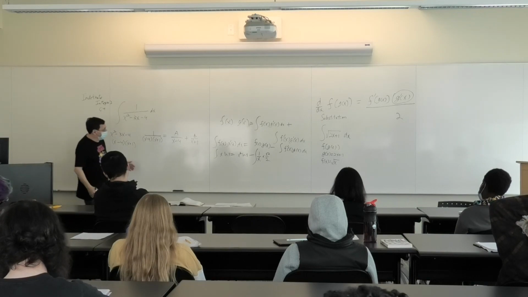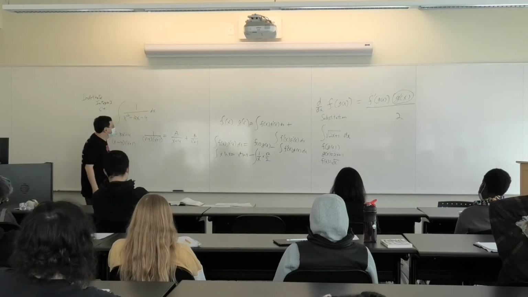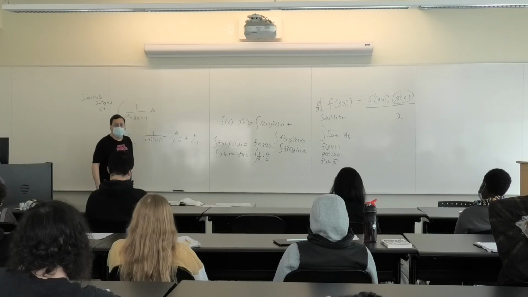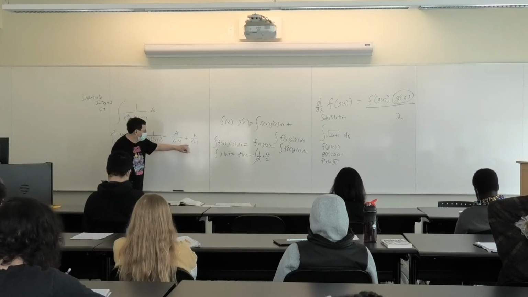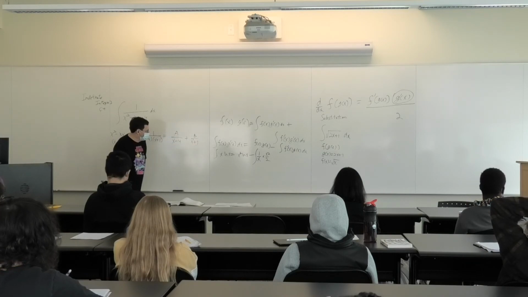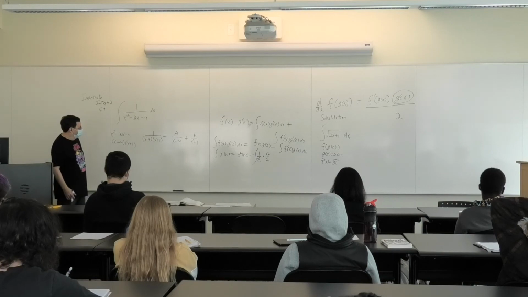We can do that. We can solve for A and B. Now we have an integral we can do real easily. It's just A times the log of x minus 4, plus some constant times the log of x plus 1. So that's another strategy that you might run into.